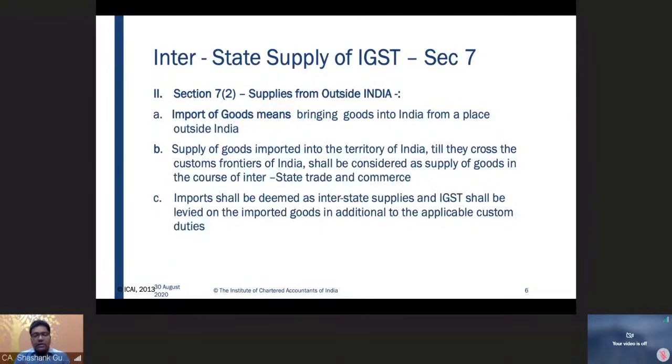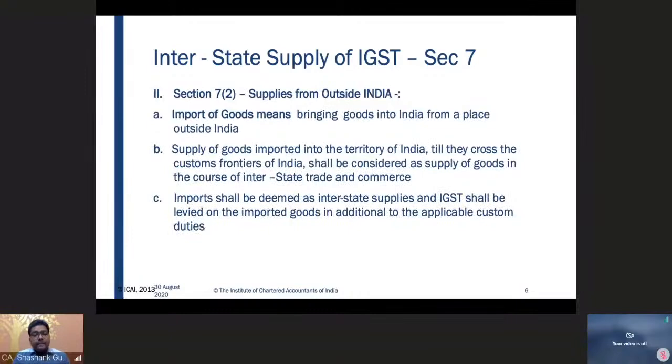What is the use of the customs station? The customs station verifies whether the goods are properly being imported, proper custom duty is being paid, and prohibited goods are not being imported. It shouldn't be that AK-47 rifles have come in a consignment, so who will check? Of course the security forces, also the customs, okay? And it shouldn't be the case that the product is covered under 28% GST, but the importer is declaring only 5% GST. So all these kinds of checks happen.